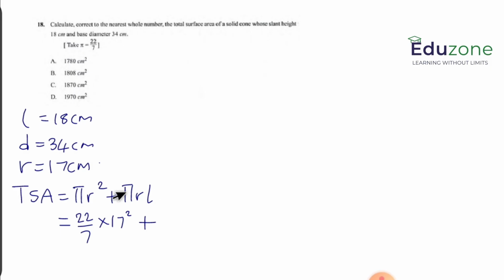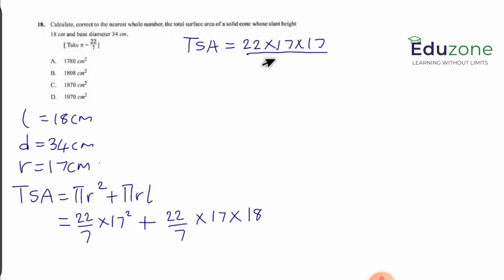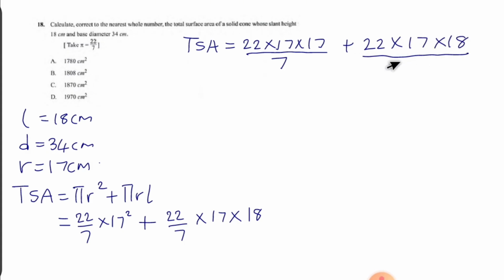Everything plus pi again, 22 over 7 times r, which is 17, times l, which is what? 18. Now I will continue. So here will now be TSA equal to 22 times 17 times 17 all over 7, plus 22 times 17 times 18, all over 7.